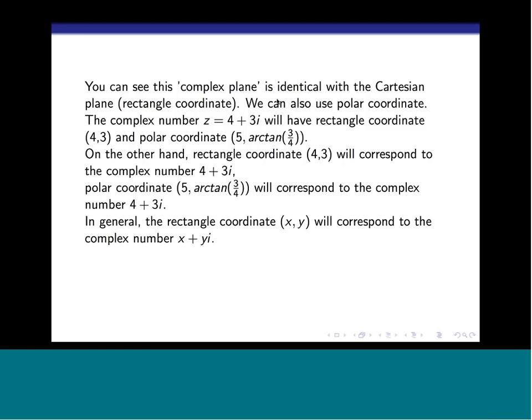In general, the rectangular coordinate (x, y) corresponds to the complex number x plus iy. The polar coordinate (r, theta), which is a little more interesting, is r cosine theta plus i r sine theta. You need to pay attention to that a little bit.